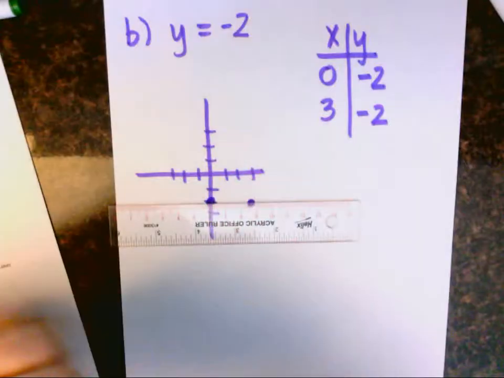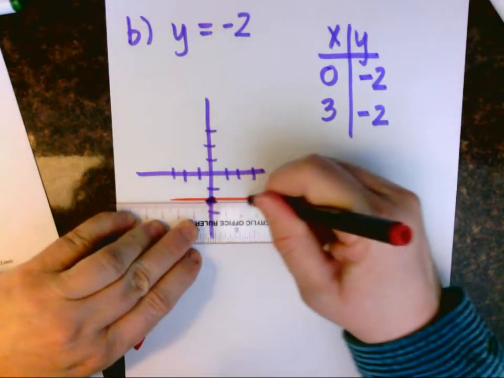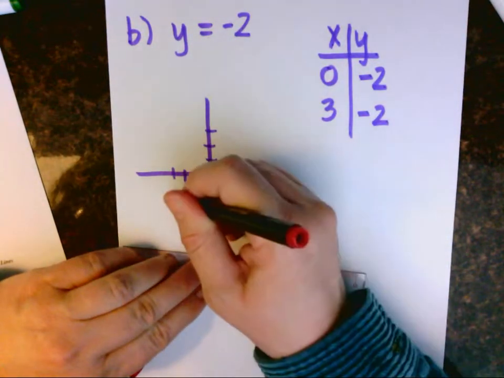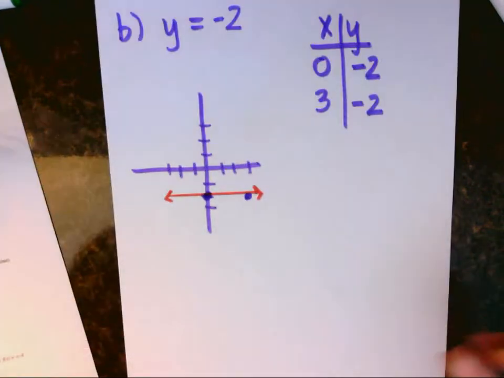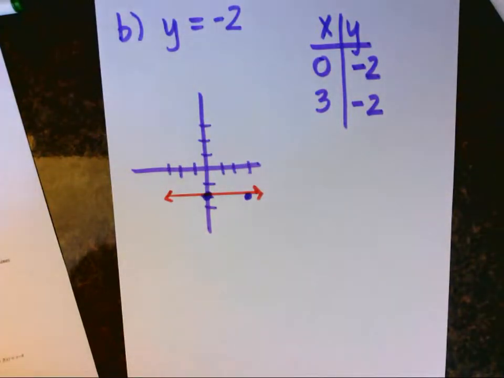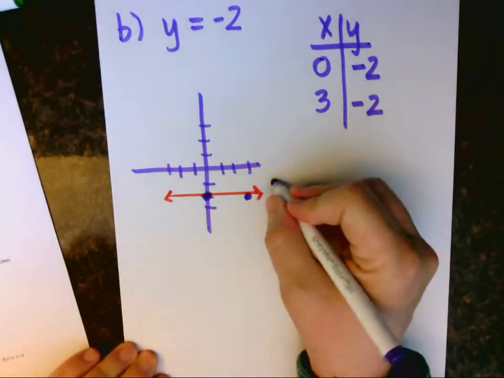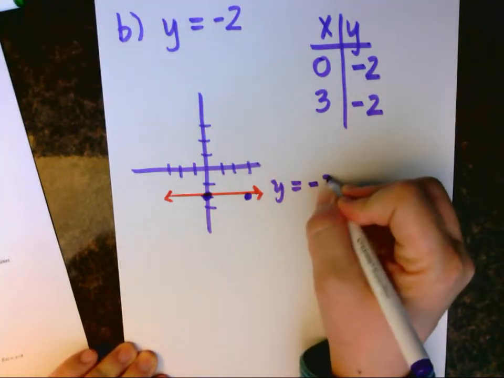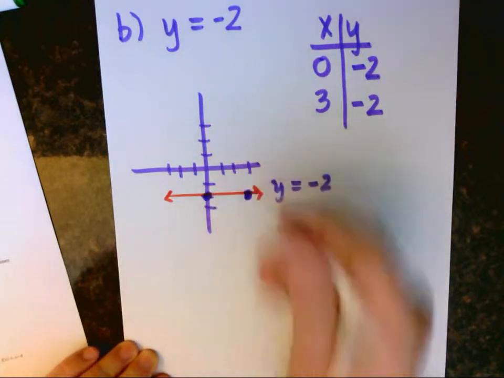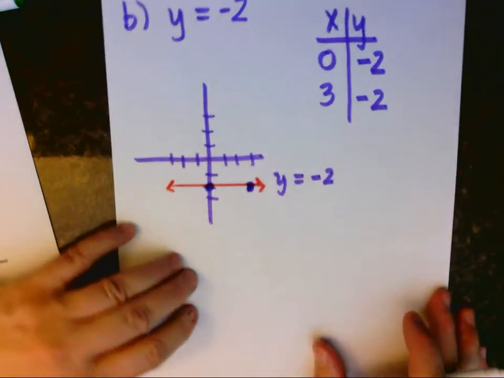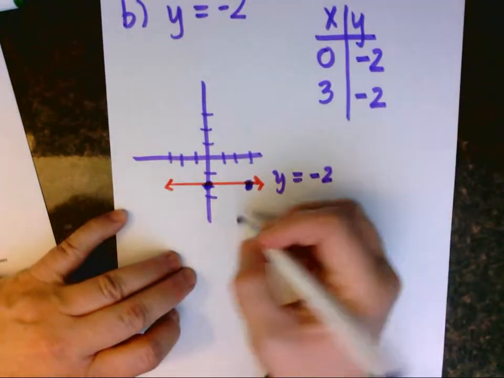I'm going to use another color here. I kind of semi-missed that point, but oh well. I should have used fancy graph paper, I guess. So this is the line where y is always -2. For every point on this line, y is -2. This is a horizontal line.